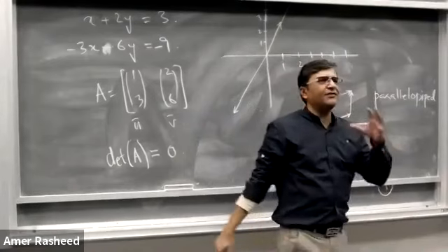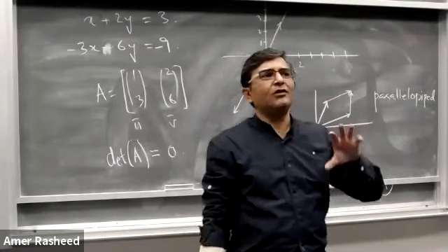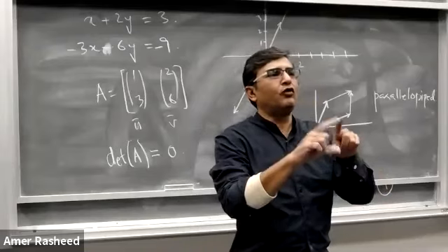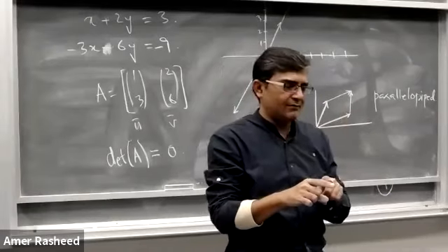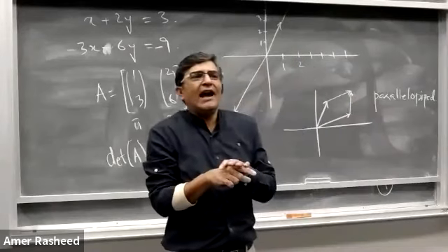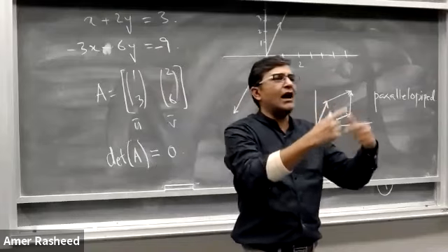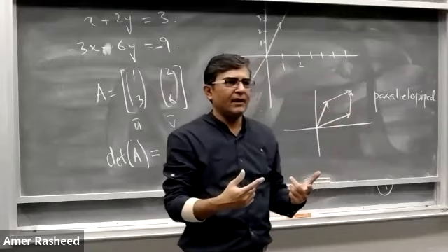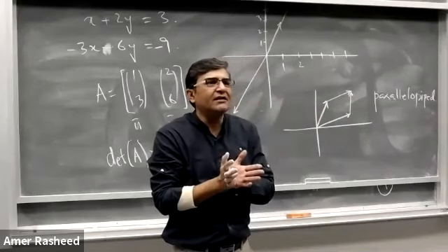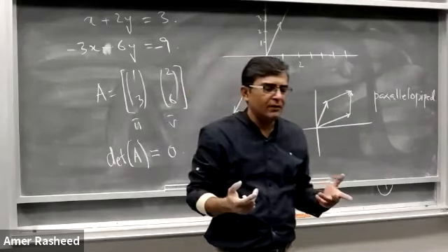In that case, if the determinant is not 0, then the determinant is what? Determinant is the volume of that parallelepiped, okay? If the determinant is 0, then what does it mean? At least 2 equations are basically on top of each other. And we cannot get a parallelepiped in 3D, and there will be no volume.